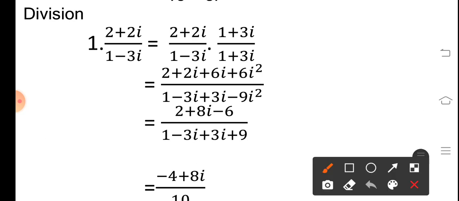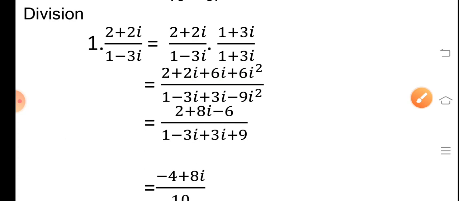Okay, we can simplify or combine like terms. 2i plus 6i is 8i. Just copy 2 and 6i squared. But i squared is negative 1. So negative 1 times 6 is negative 6. While i squared here again is negative 1, times negative 9 is positive 9.